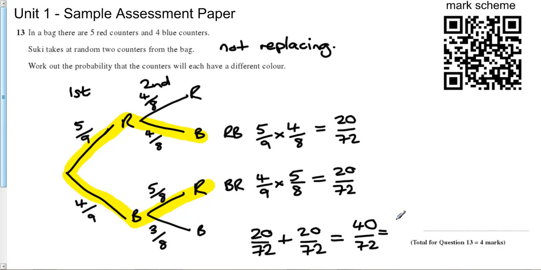And if you want to simplify that, that's 20 out of 36 or 10 out of 18, which ultimately simplifies down to 5/9.